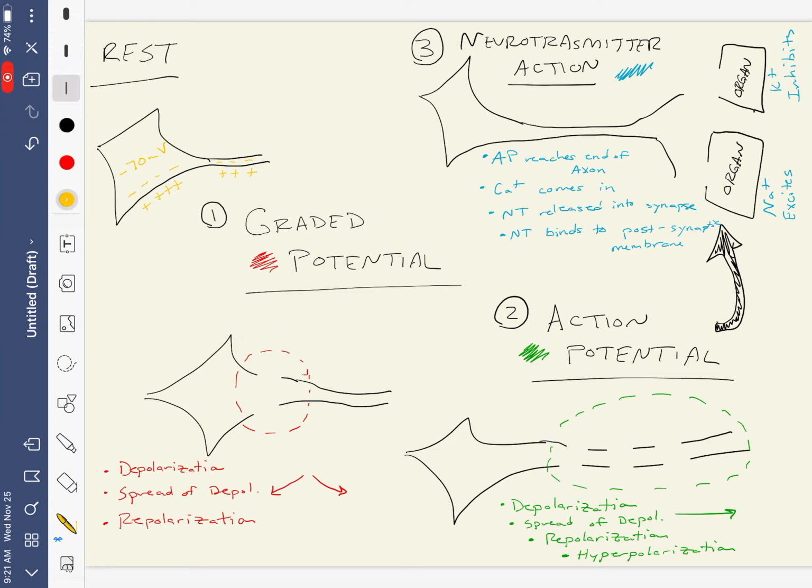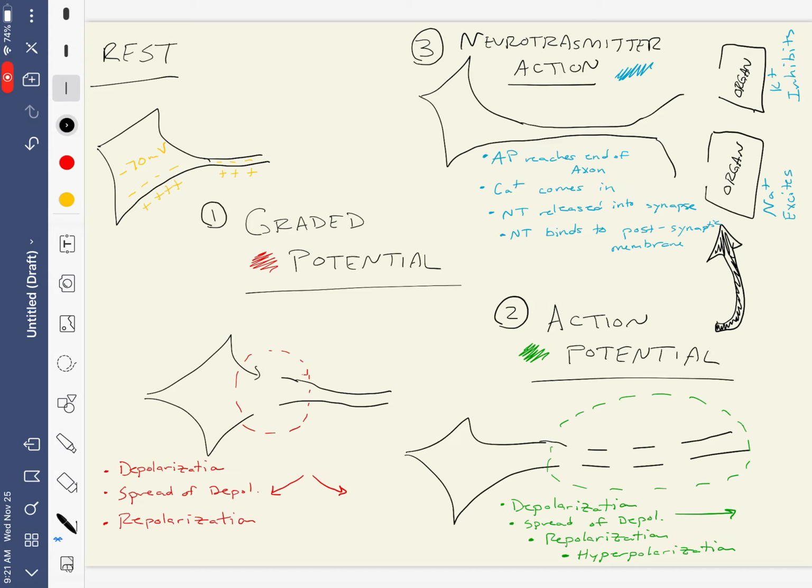All right, so let's first talk about the steps of a graded potential. And we're going to see that these steps are very similar to the action potential. At rest, the inside of the cell is negative compared to the outside. That's how we started this. But now we are going to the magic phrase, open sodium channels.